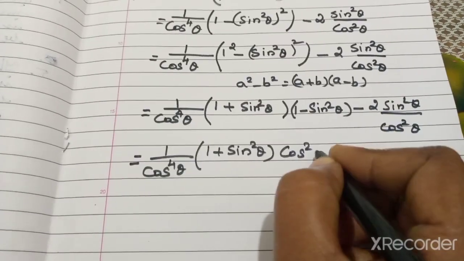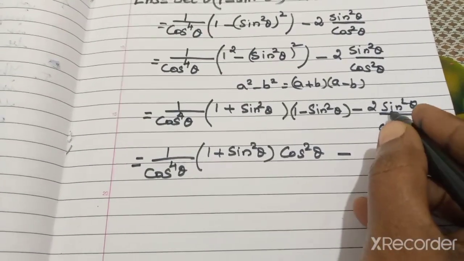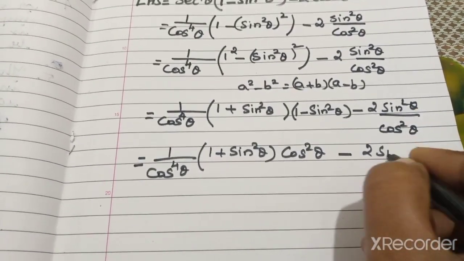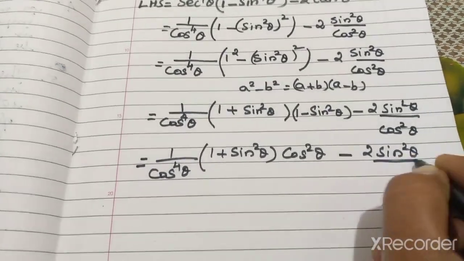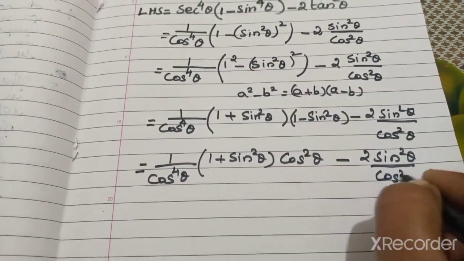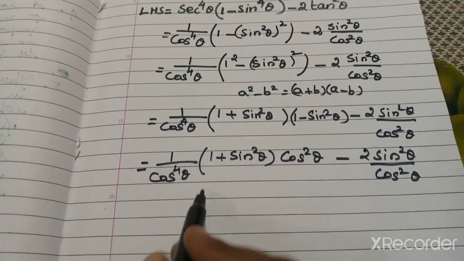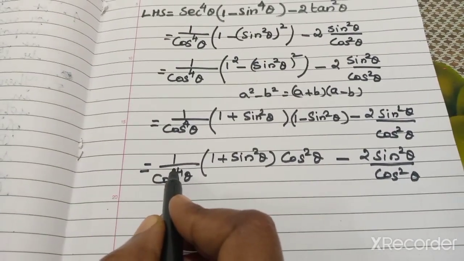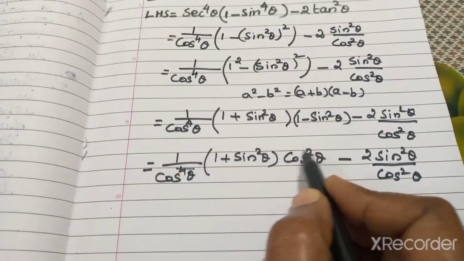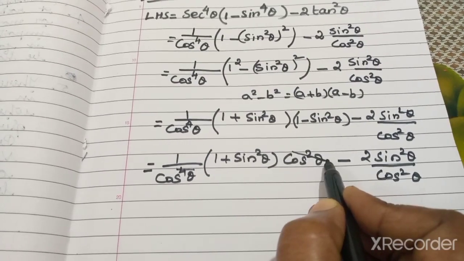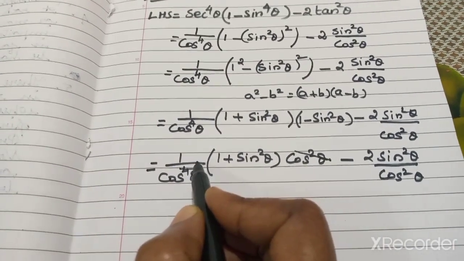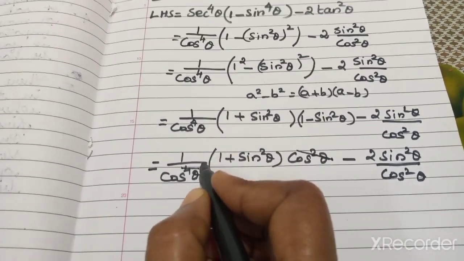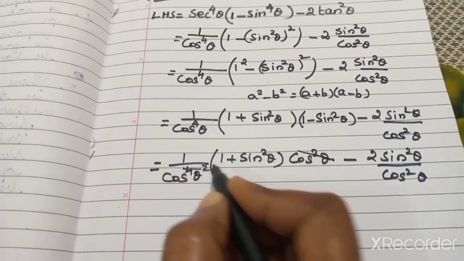Okay, cos square theta minus this term as it is, 2 sine square theta by cos square theta. Now here can be cancelled. Cos power 4 theta, here 2 term can be cancelled. Here cos square theta can be cancelled. So remaining here 2 will be there. Okay, 2, 4 cancelled, so 2 will be there.